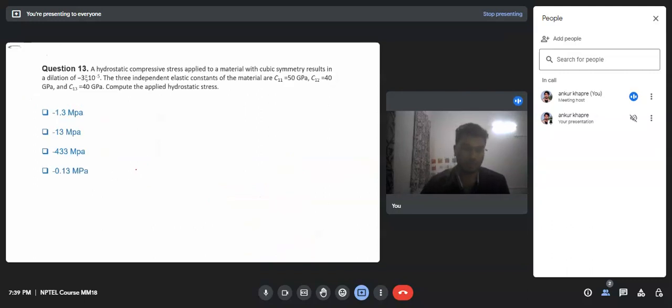And question number 13. Here the formula is straightforward.